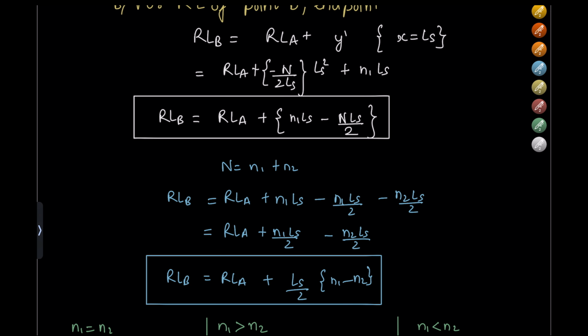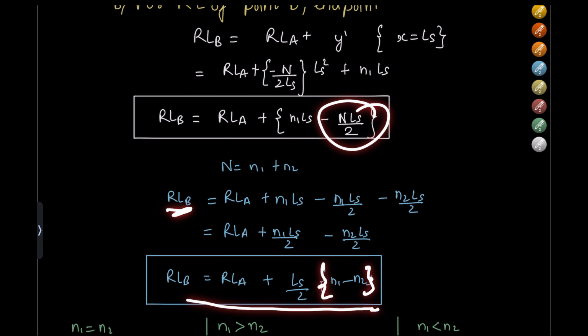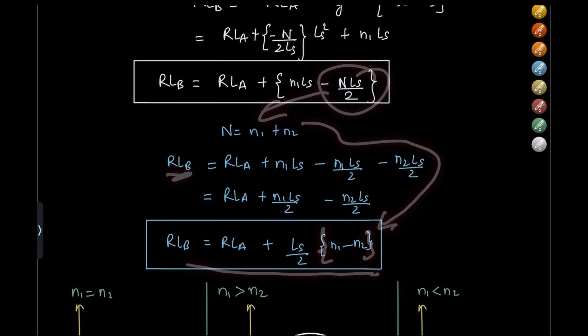Next, what else we can do is the gradient is giving us N1 plus N2. So RL of B would be equal to RL of A plus Ls by 2 times N1 minus N2. In this equation we have put this and we have solved to get this equation.